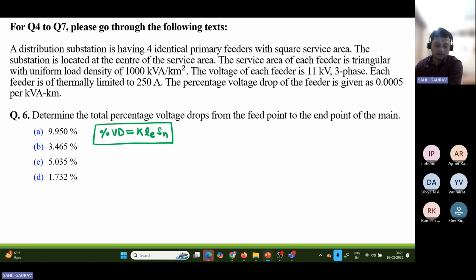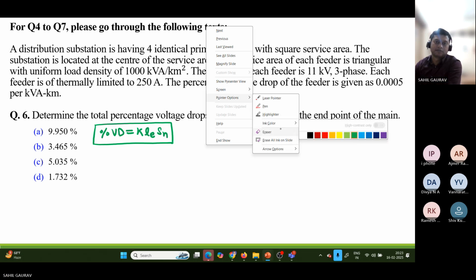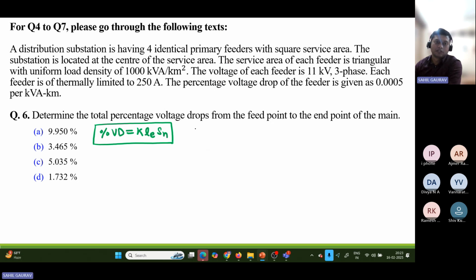And let me also write all the values. What are the things given here?